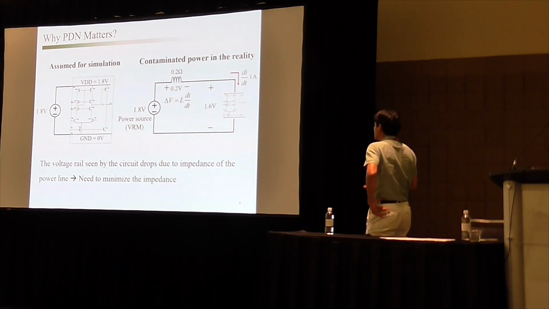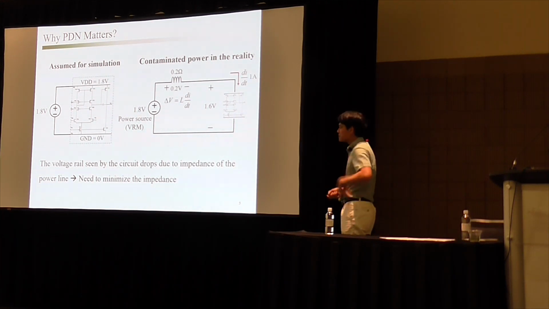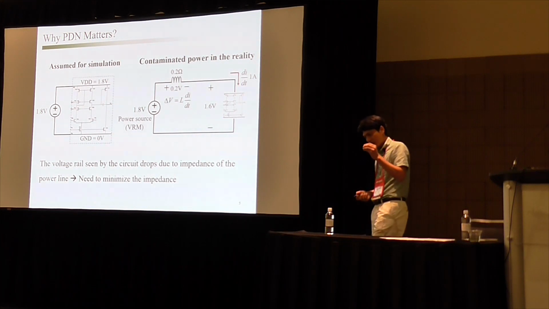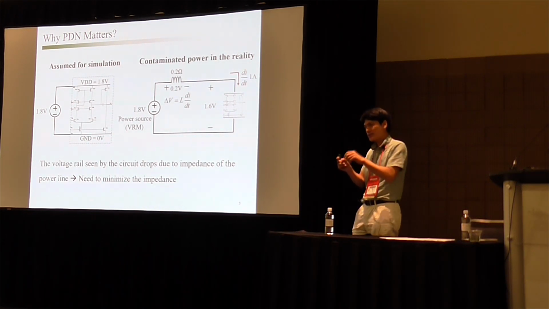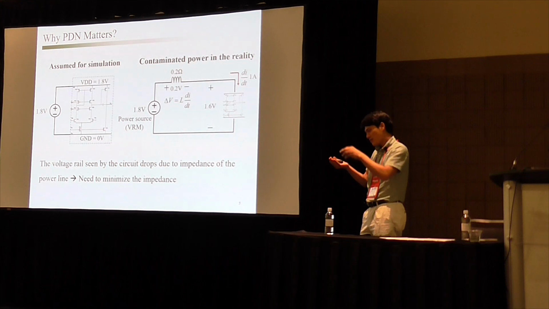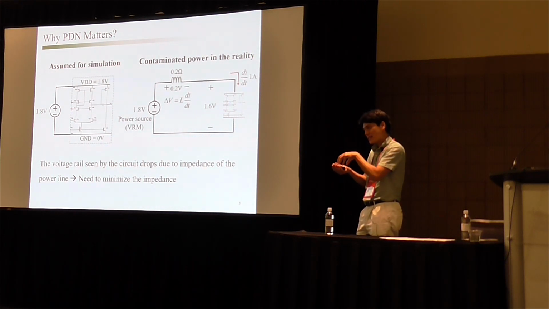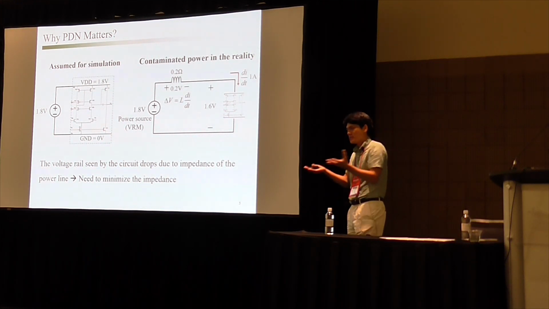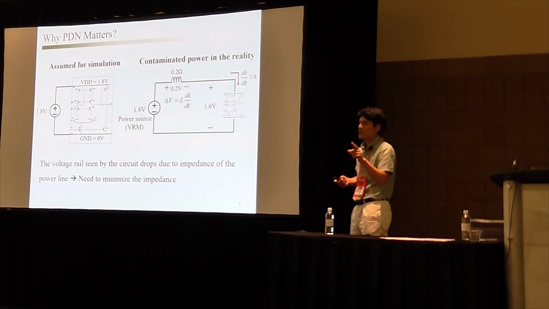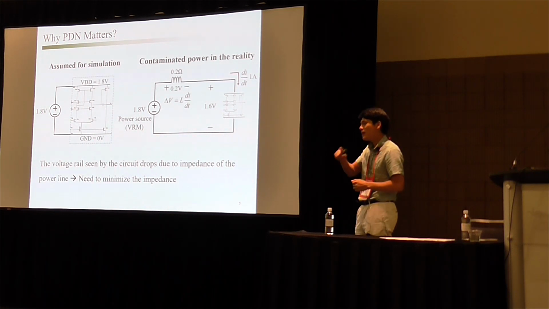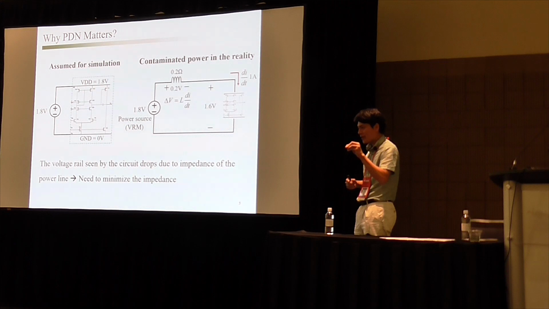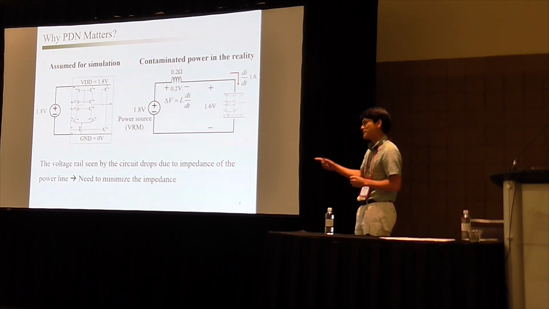But how about in reality? So of course, we cannot put an ideal voltage source right next to your circuit, right? Your circuit is inside your IC, and then package and some PCB board, and goes to the VRM, right? There is a physical path from VRM all the way to your internal circuit.